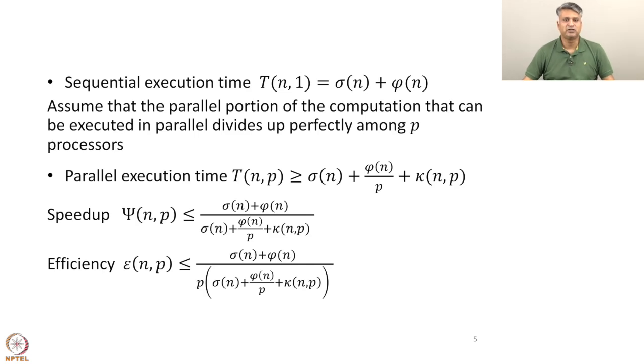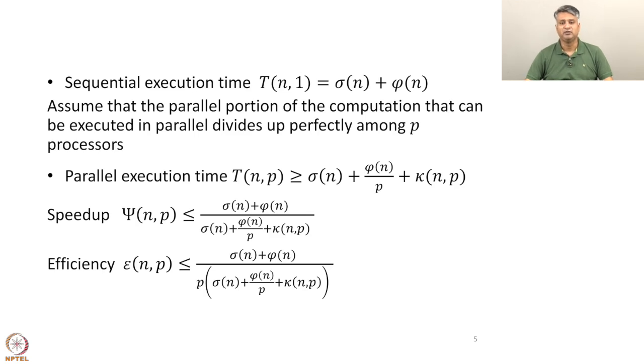Now, let us begin with the sequential execution time of a problem size n, T(n,1). This is equal to sigma(n) plus psi(n). Sigma(n), if you remember, is the portion which needs to be done serially and cannot be done in parallel, analogous to computing the local sum of the integers in the bag of integers problem.